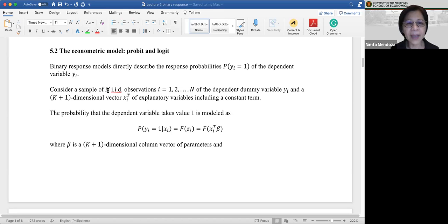We have n observations, so our index for each cross-section unit goes from 1 down to n. We would have data on the dependent dummy variable y sub i and a k plus one dimensional vector x sub i transpose of explanatory variables, including a constant term.